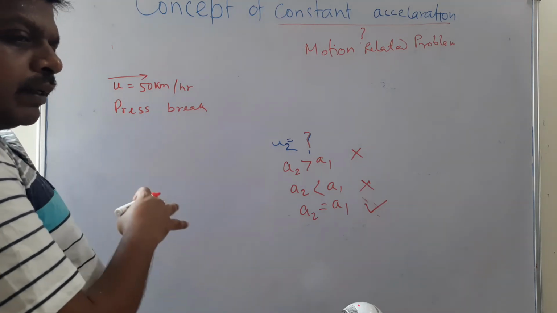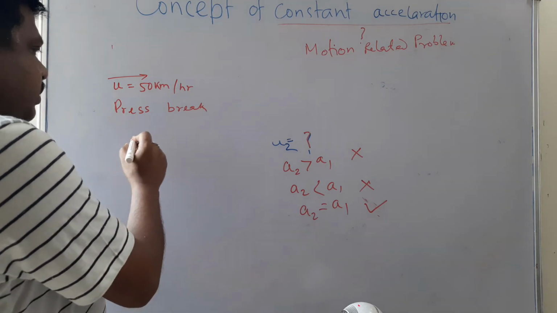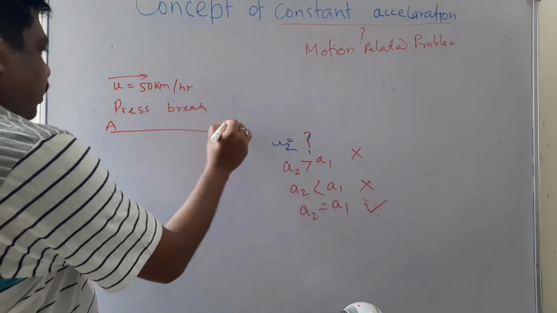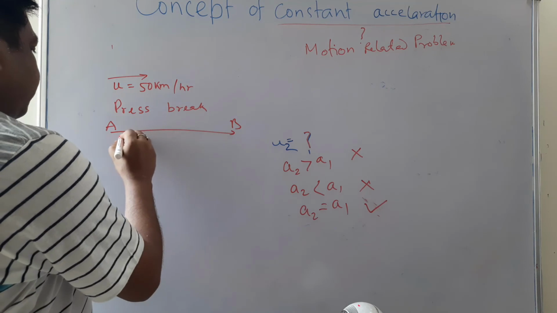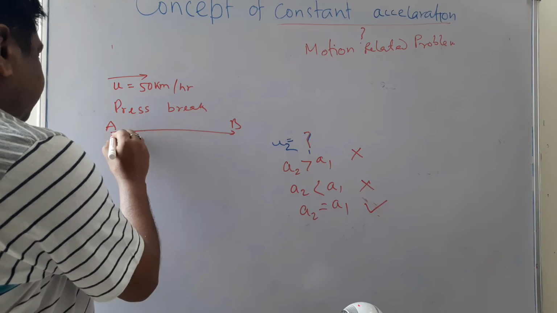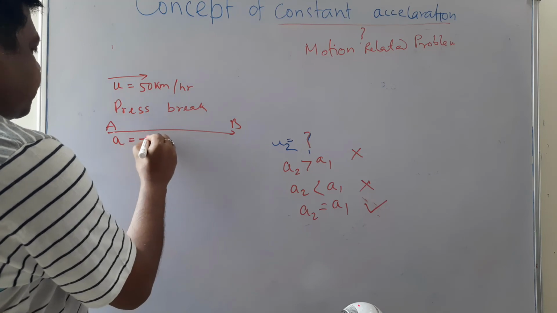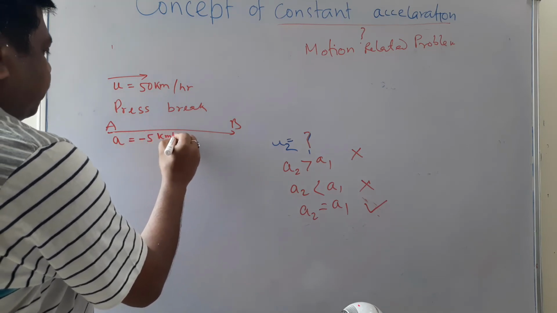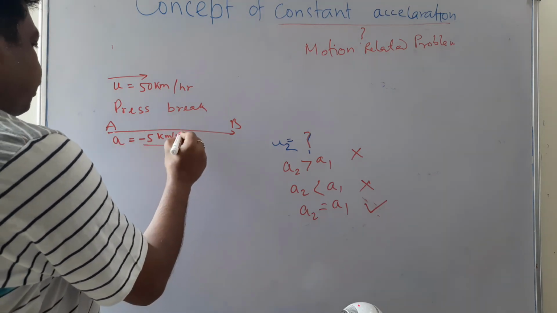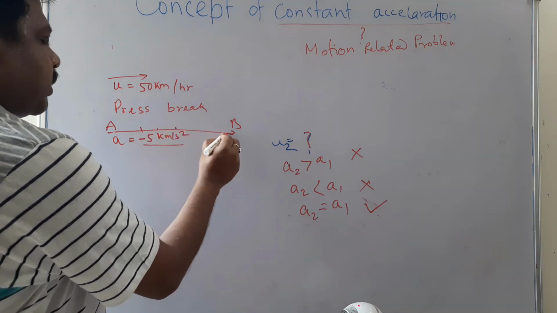But if you release it immediately, you cannot apply all those equations. So you have to press the brake along your entire path, so that it can decelerate with a certain value. Let's say here the acceleration is minus 5 kilometer per second square. This value has to hold in every part, every point of this path. Then only you can apply those three formulas.